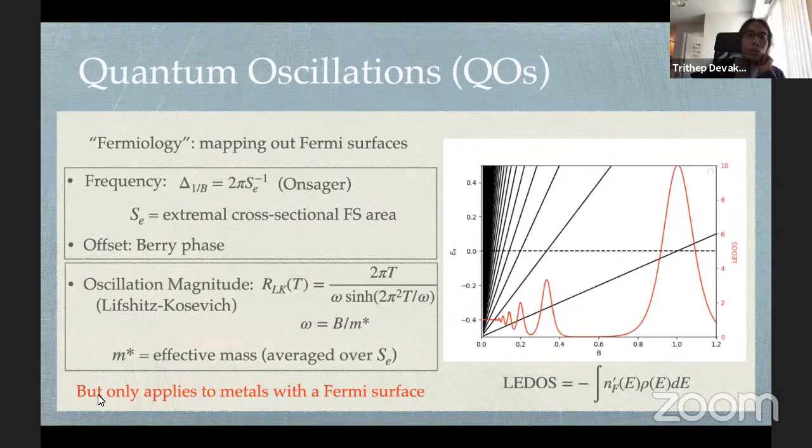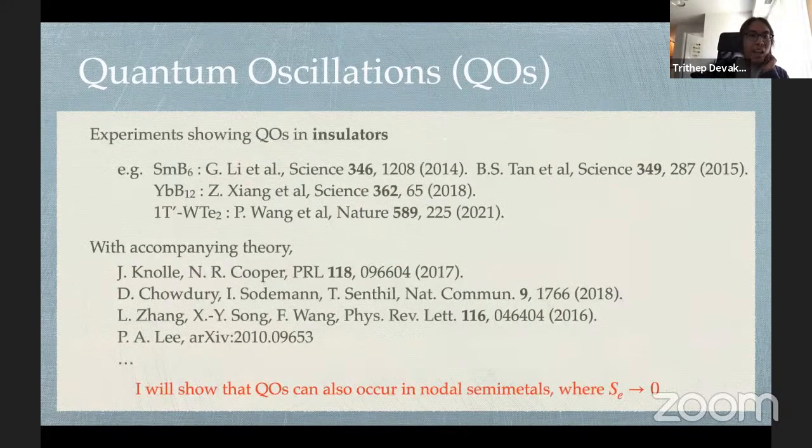But now this picture only applies to metals where you do have a Fermi surface. It does not apply when you don't have a Fermi surface. And I just want to mention that more recently, there have also been experiments that seem to show quantum oscillations in insulators. For example, SmB6, YbB12, and most recently, which is what inspired some of this work, in monolayer 1T' WTe2.